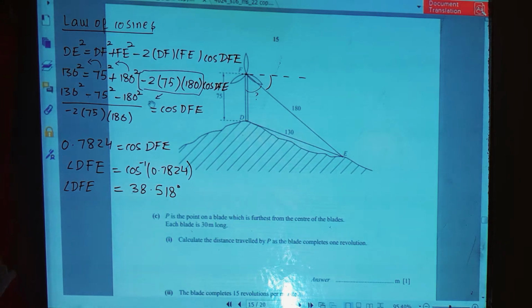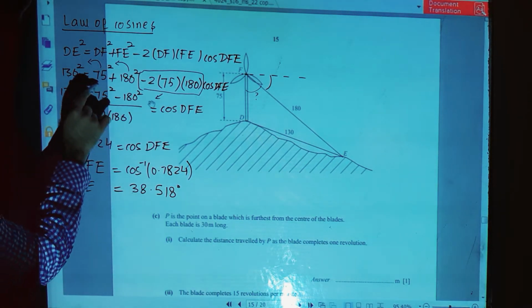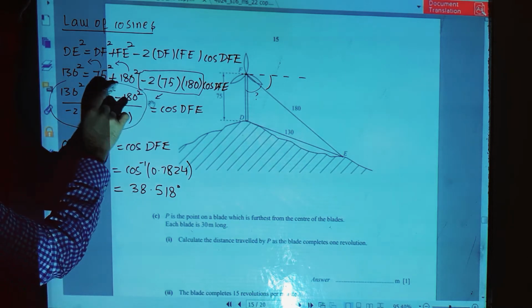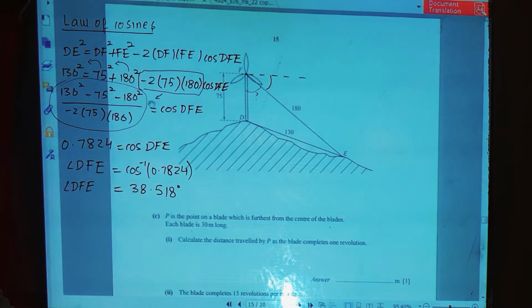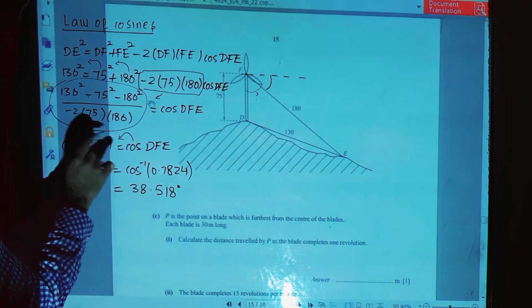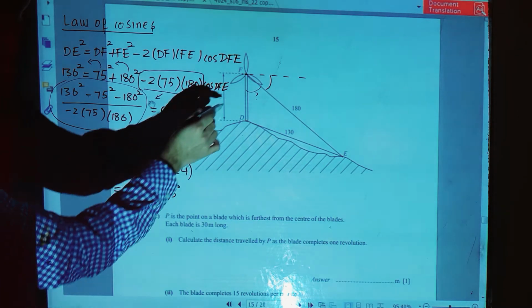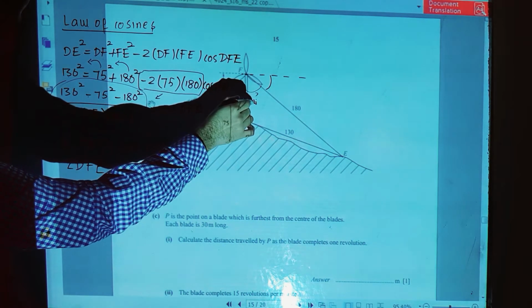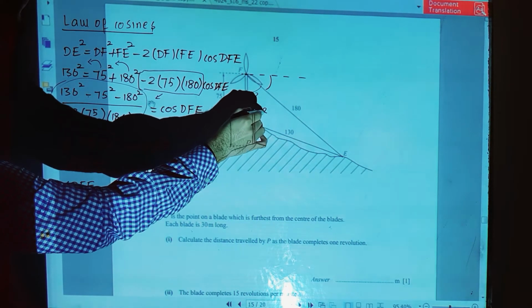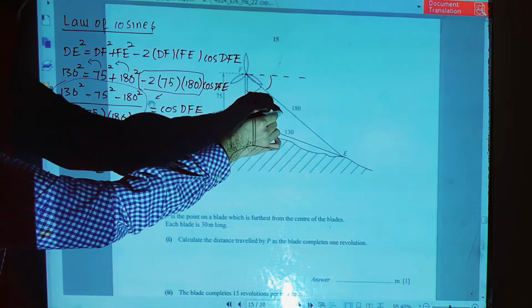When it comes over here, that is cos DFE, and from here the answer for this one is 0.7824, and when you move cos to the left side, it will be cos inverse 0.7824, that this angle is 38.518.